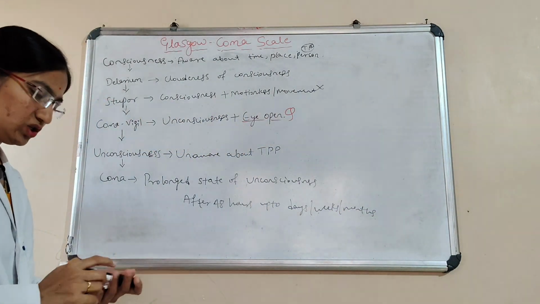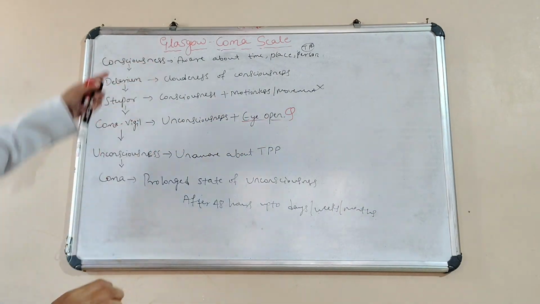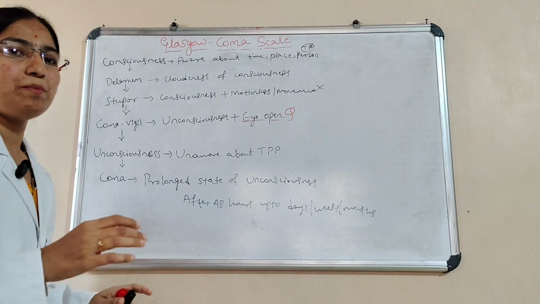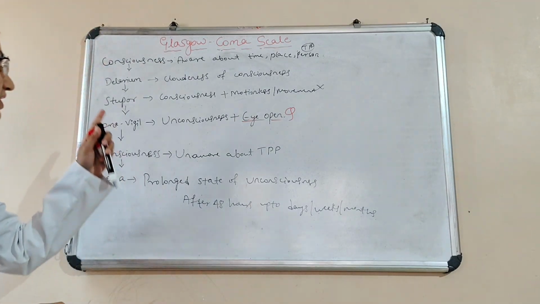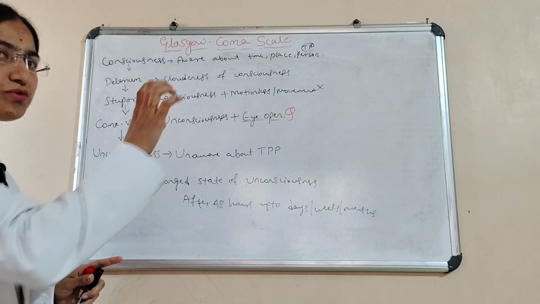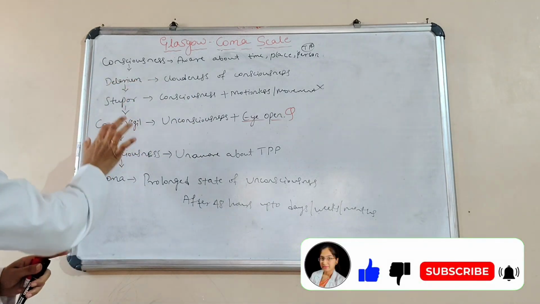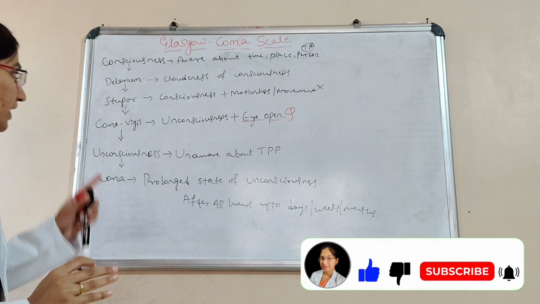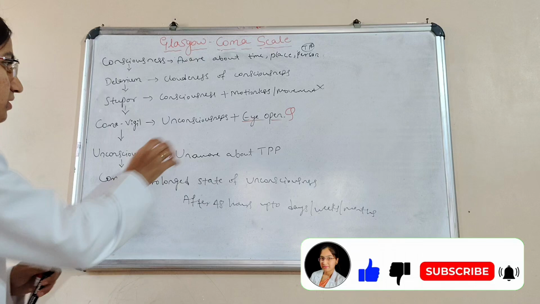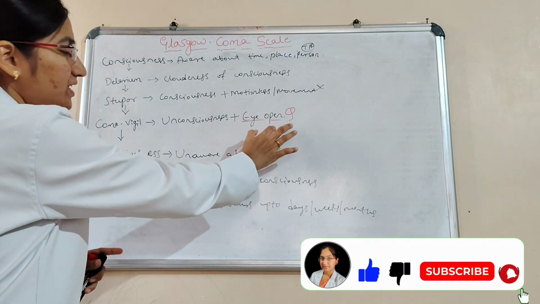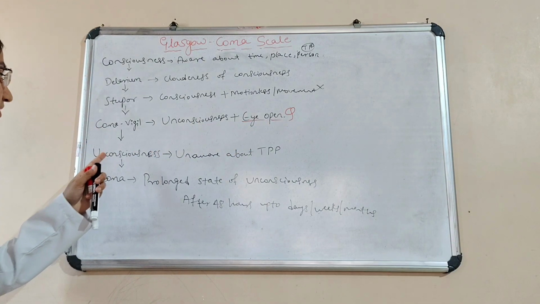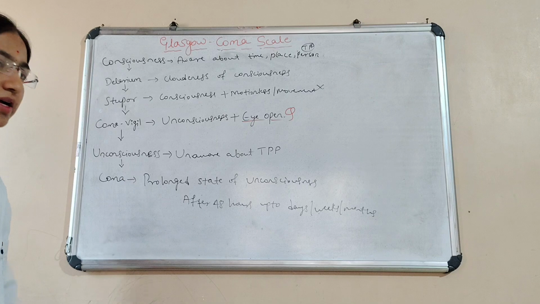These are the stages. First, consciousness, aware about time, place and person. After that, delirium, cloudiness of consciousness. After that, stupor and then coma vigil. You may get this question in a competitive exam. Then unconsciousness, and after that, coma.